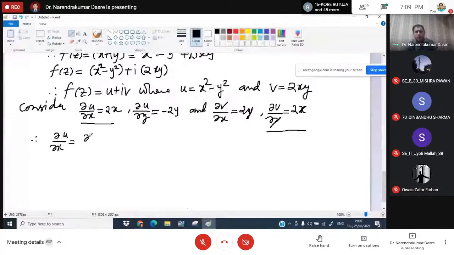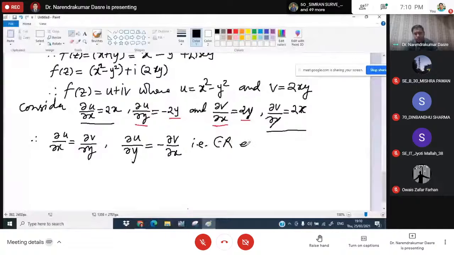Now you can see the derivative of u with respect to y is this term, and then the derivative of v with respect to x. So partial u by partial y is equal to minus partial v by partial x. So we can say that the Cauchy-Riemann equations are satisfied.